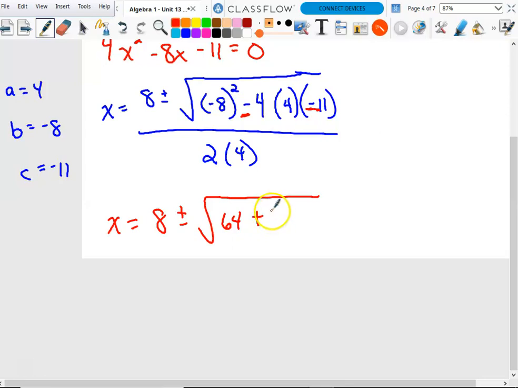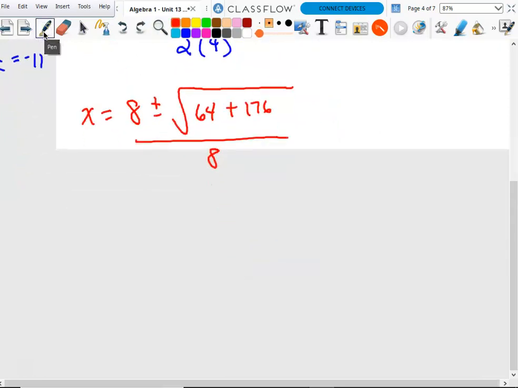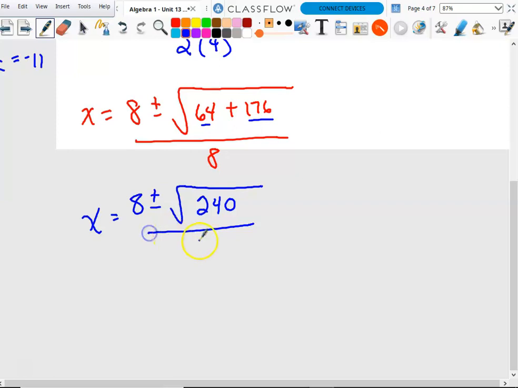My bad. 176 all over 8. X equals 8 plus or minus the square root of. Combine, we end up with 240 over 8. I got to ask myself, can I simplify this 240 at all?